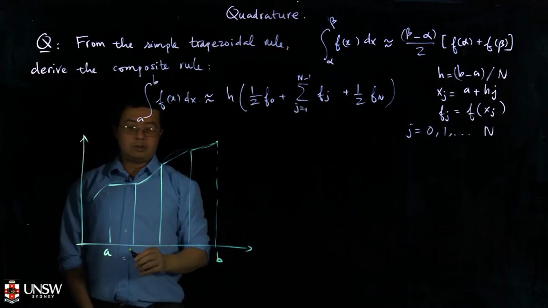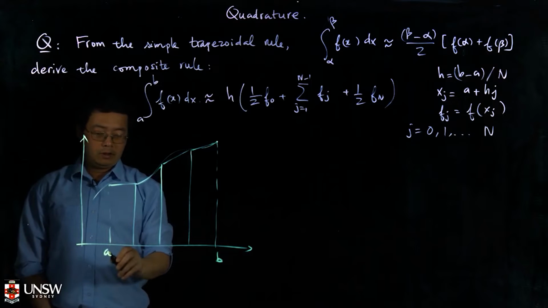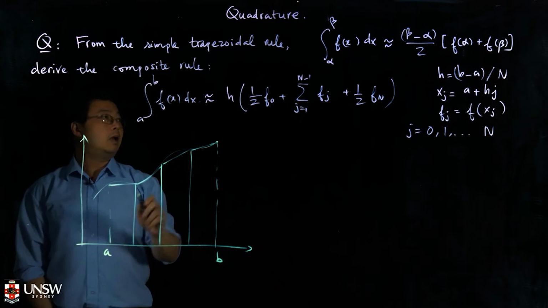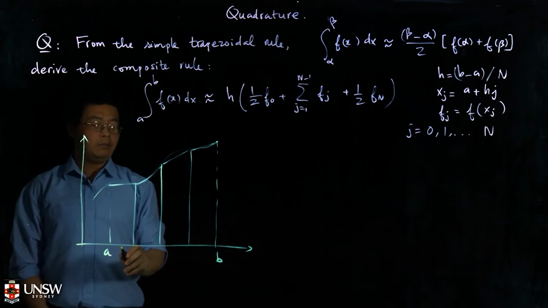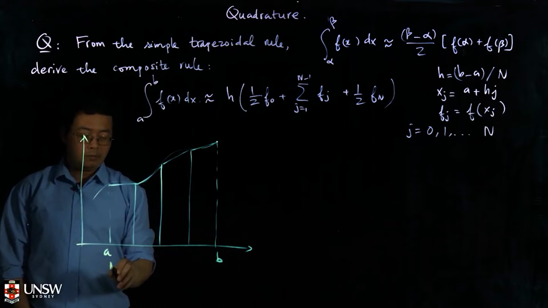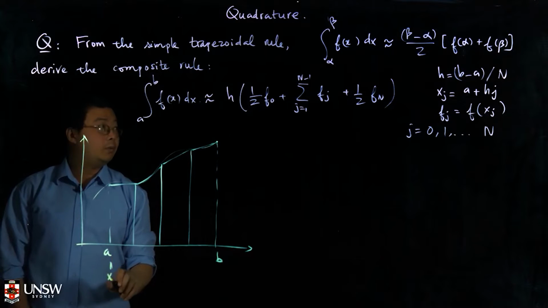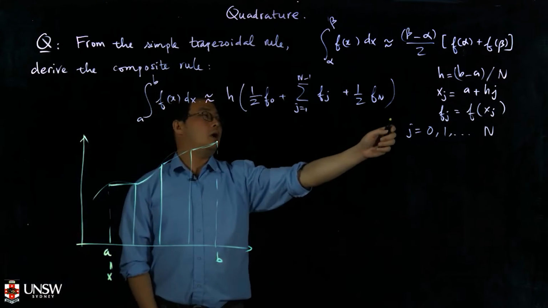So now suppose I have n subintervals, so I label the first point x0, according to this formula.